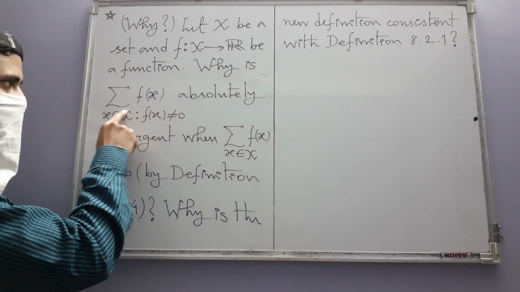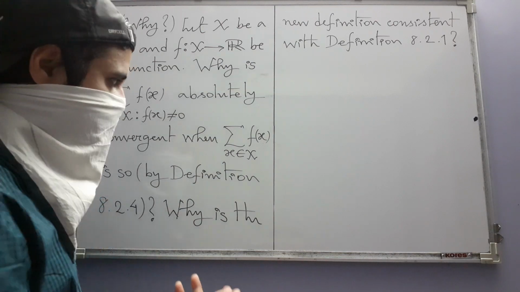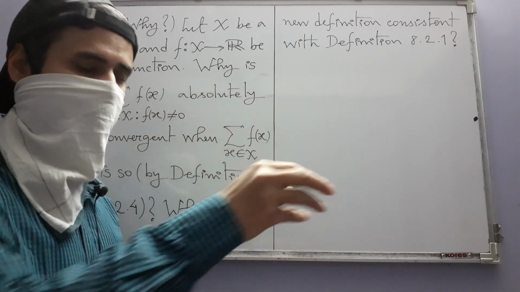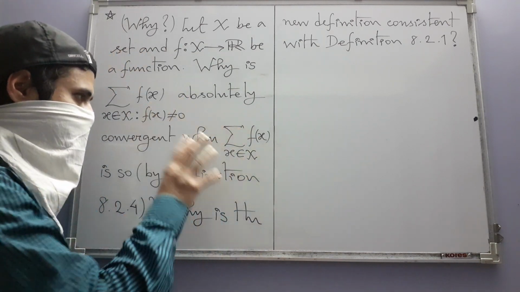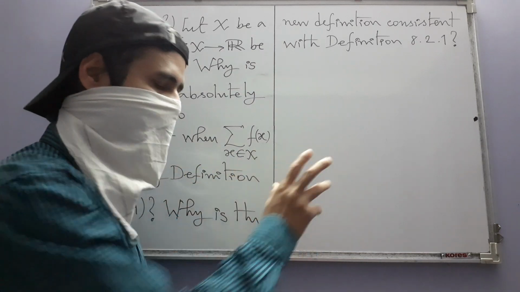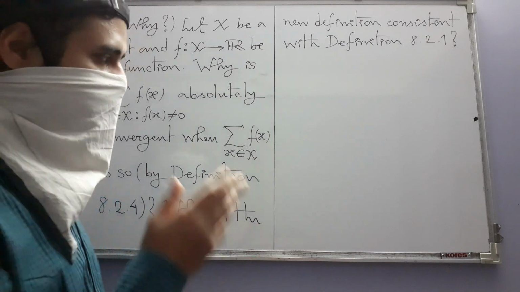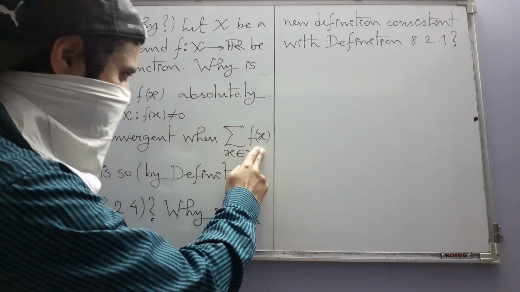And this one is the sum of all the non-zero f values. So they should naturally be equal, because anyway, when you are considering such a sum, the zero f values are not going to affect the sum. But that is just a vague understanding of what should be true. Is it really true? For that we need to prove that yes, when this is absolutely convergent, then this is also absolutely convergent, rigorously.